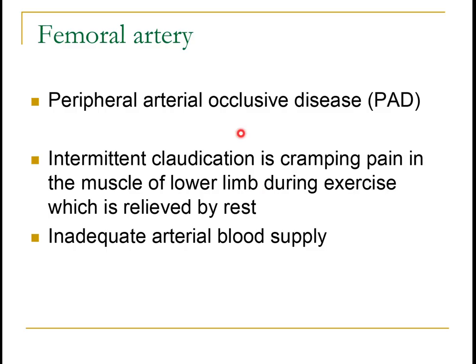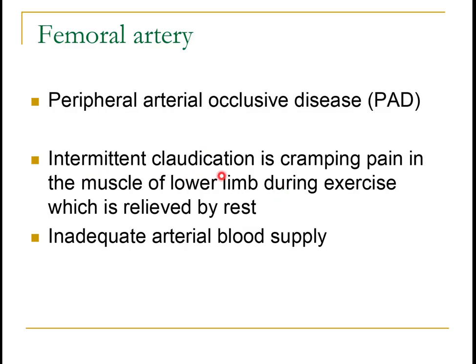So, it is the peripheral arterial occlusive disease, mainly involving the femoral artery here, because the femoral artery pulsation is very feeble and the distal arteries' pulses cannot be felt. So what is this intermittent claudication? It is a cramping pain in the muscles of lower limb which occurs during exercise and is relieved by rest.